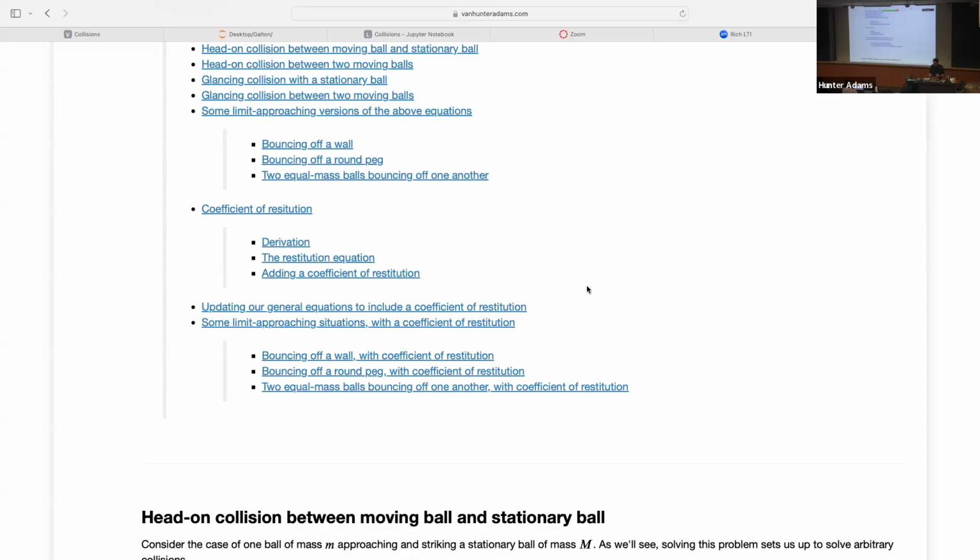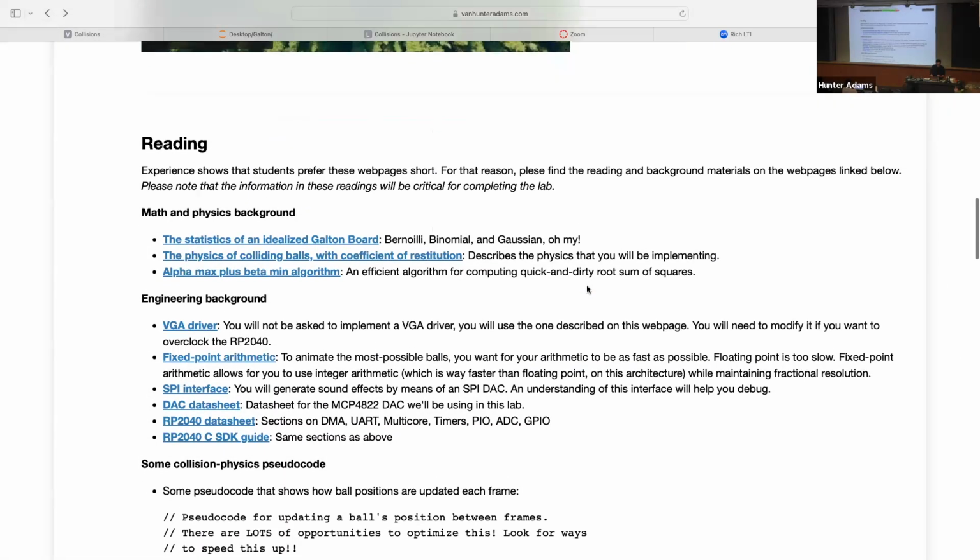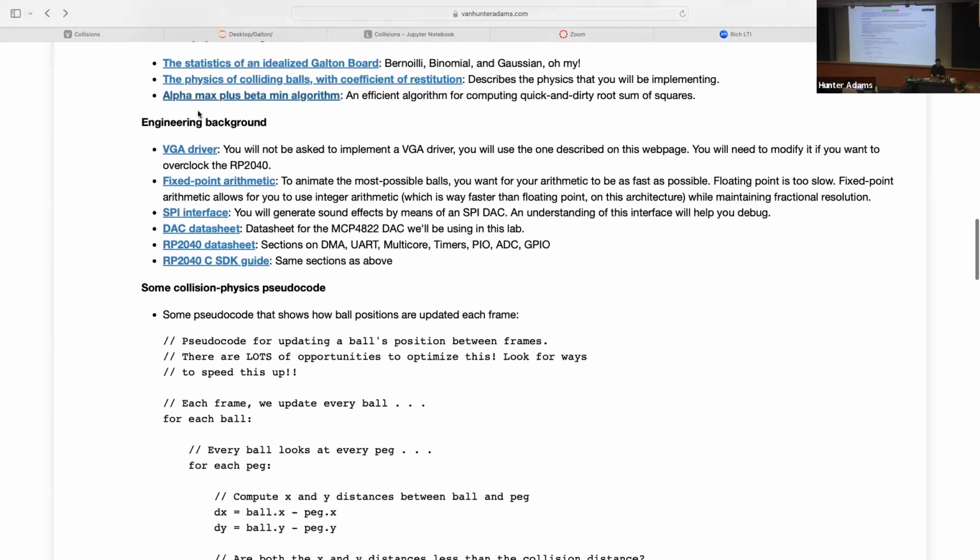Okay, so I will be in lab this afternoon. And I think in the coming lectures, the gap that I would like to fill in with regard to lab 2 is the VGA stuff. So in the coming lectures, I think we're going to start talking about PIO, those PIO coprocessors. We'll start with simple applications of PIO so that we can build our way up to an explanation of that VGA driver.